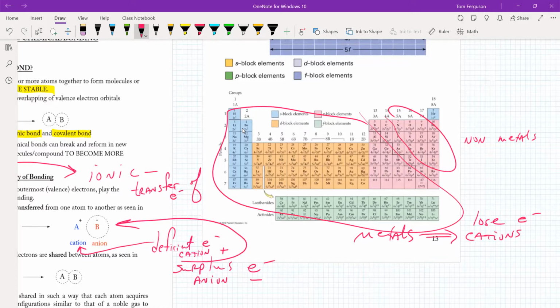The nonmetals in the top right tend to gain electrons. So a typical ionic bond is a combination of a metal and a nonmetal.